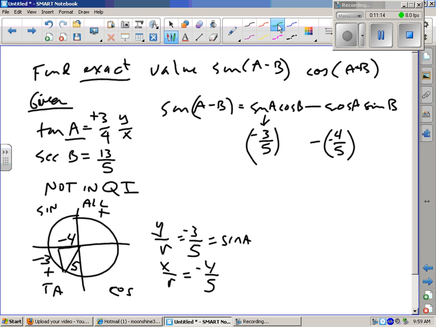Then let's switch to green. I need the cosine of b and the sine of b. Well, they tell us that the secant of b is positive. Remember the evil twins, secant and cosecant. Secant is the evil twin of cosine. So cosine is really 5/13. And if it's not in quadrant 1, where else is cosine positive? Here and here. So I'm going to draw a triangle in this quadrant because it said not in quadrant 1.